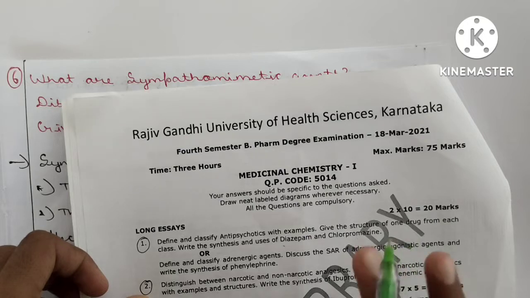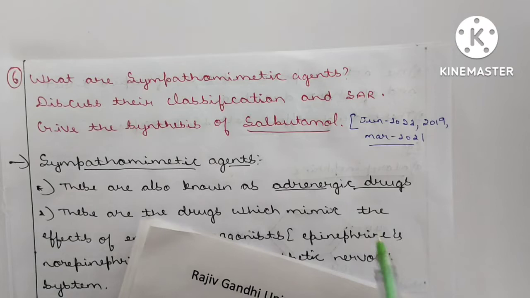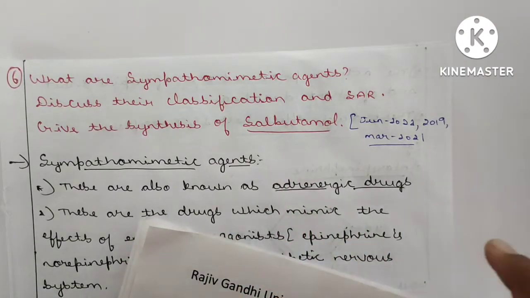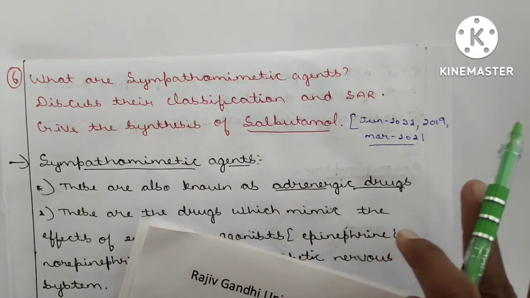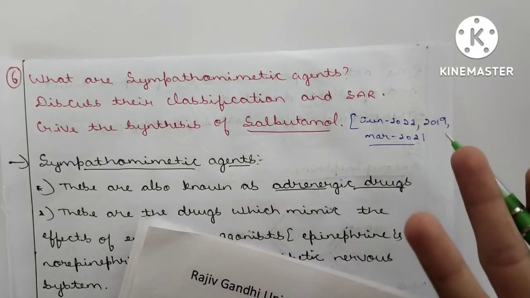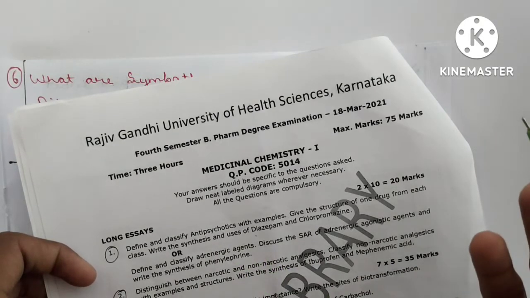Adrenergic agonist agents are the same, adrenergic agents are also the same, sympathomimetic agents are also the same. Both definitions are the same. Here all the classifications are the same for these three different terms. You have to write the synthesis that they ask for. Simple. One time they will ask salbutamol, the next time phenylephrine.